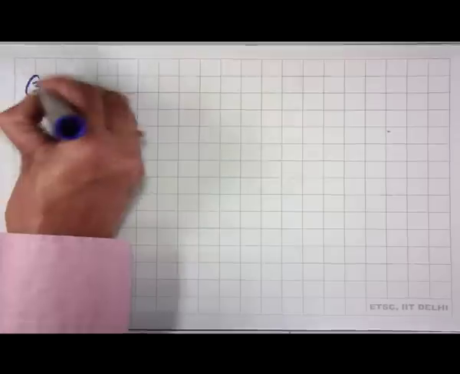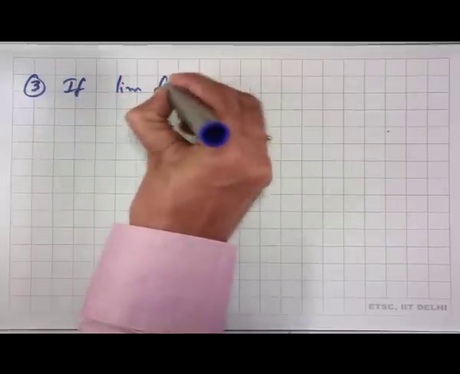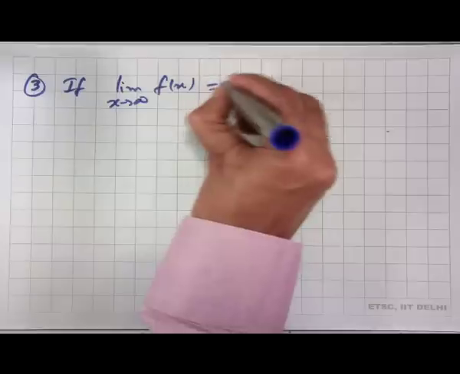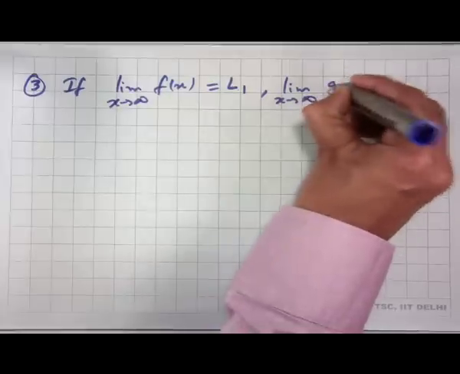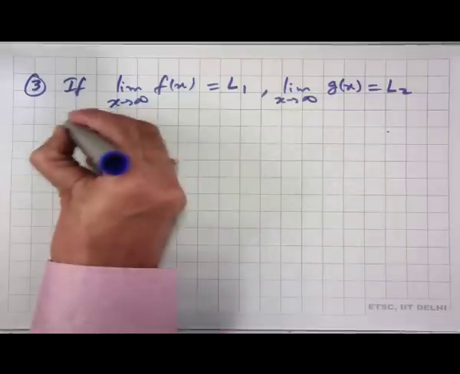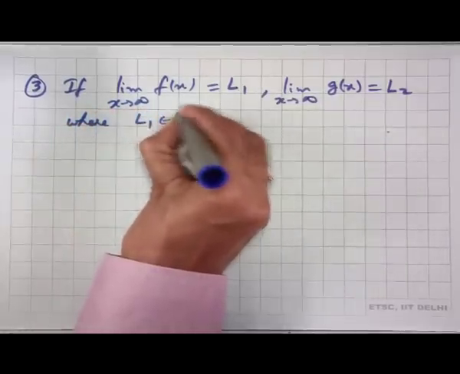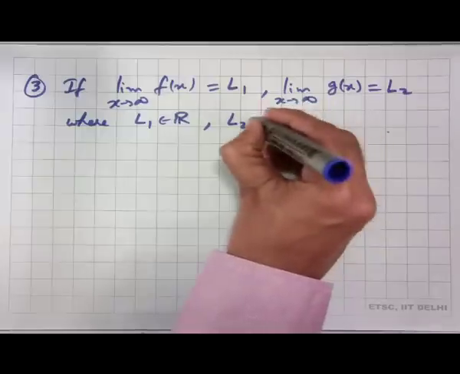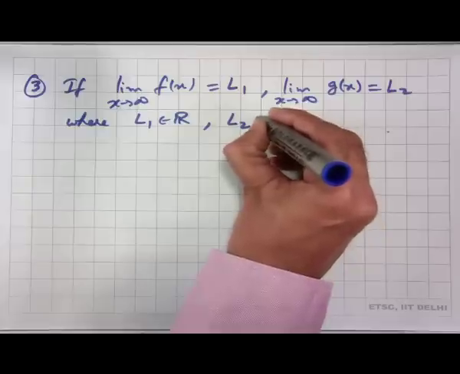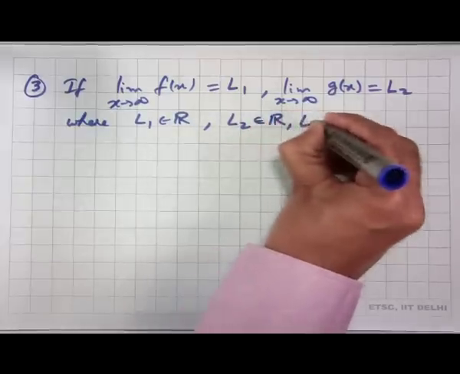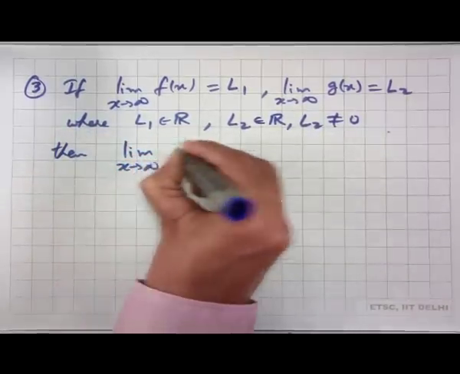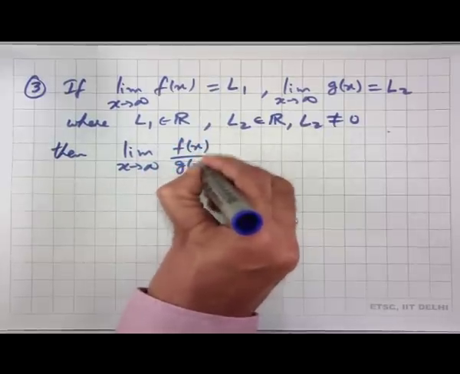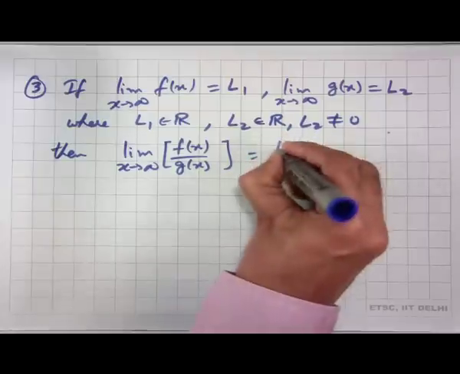Also, for the quotient, the denominator should not be 0. So, if the limit of f x at infinity is L1 and the limit of g of x is equal to L2, where L1 is any real number and L2 is a non-zero real number, L2 in R, L2 not equal to 0, then the limit of f x by g x is equal to L1 by L2.